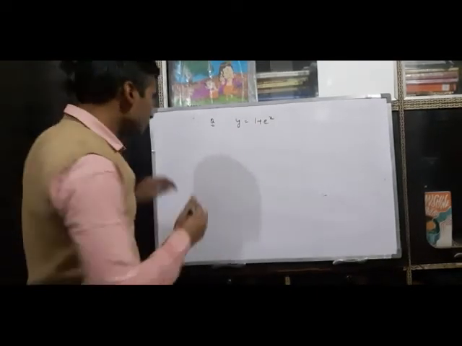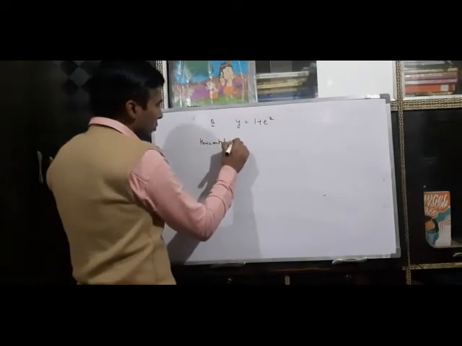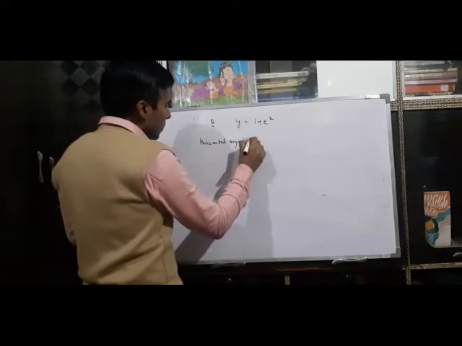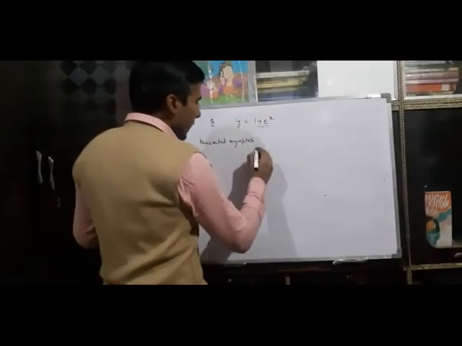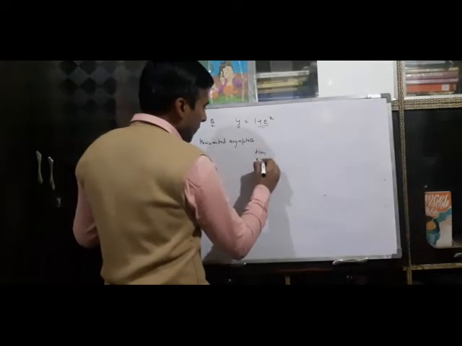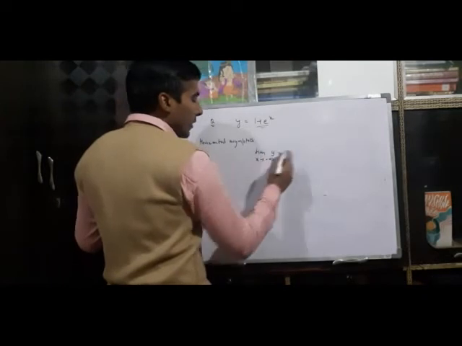If we consider the case of horizontal asymptotes, we take the limit as x tends to minus infinity. Then what will be y?